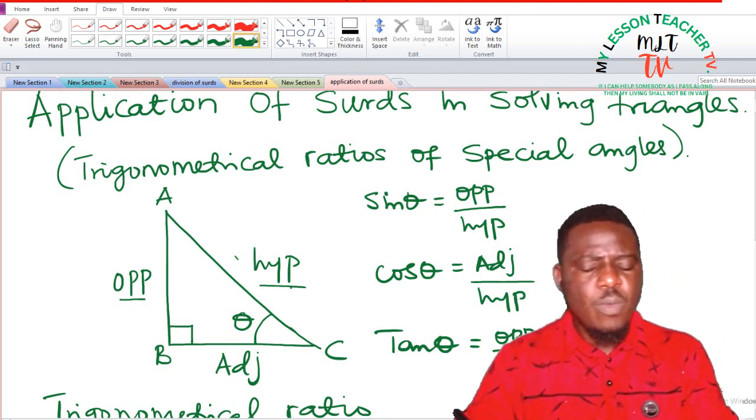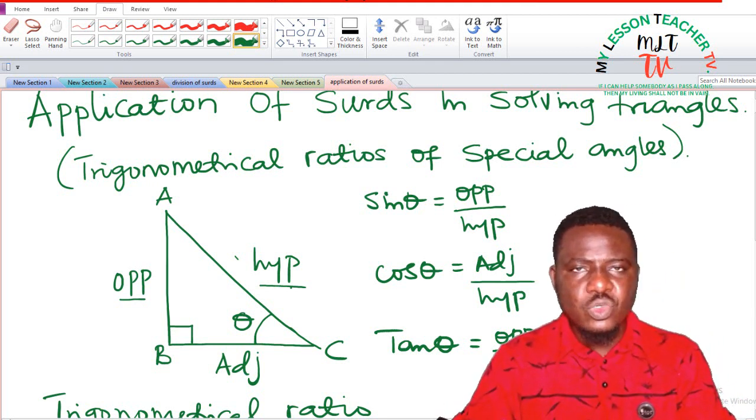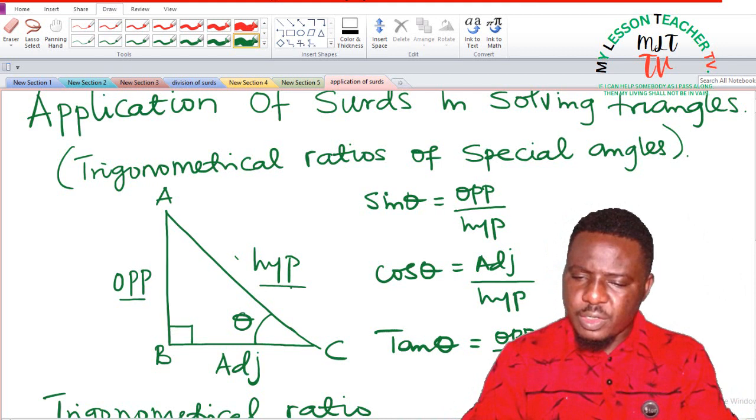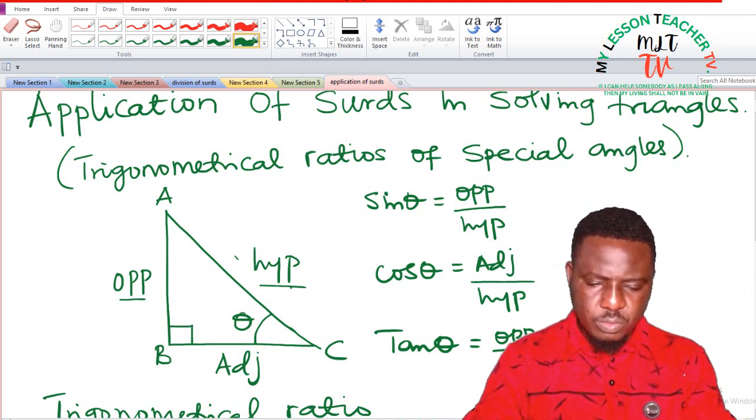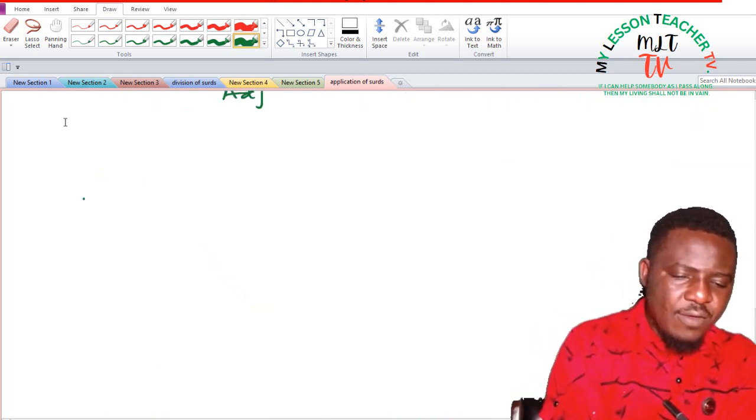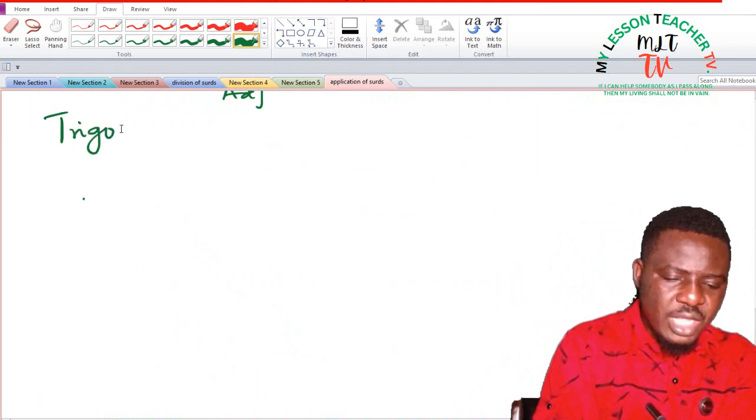So this is going to help us in getting the trig ratios of these special angles. So let's look for the trig ratios of angle 30 and 60 degrees.